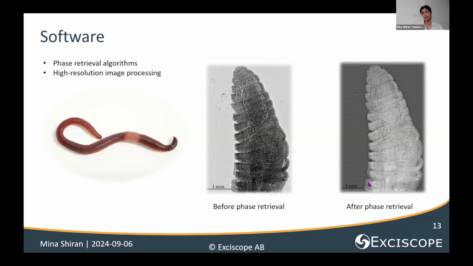We need a very powerful algorithm to retrieve this information from the data that we have already. Another point is that it is very important for the software to be able to handle a large data set and perform image processing, for example, filtration or removing some noise, without compromising the quality of the image.